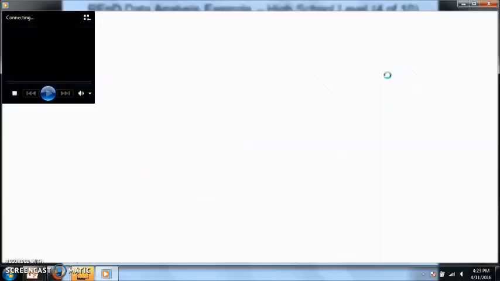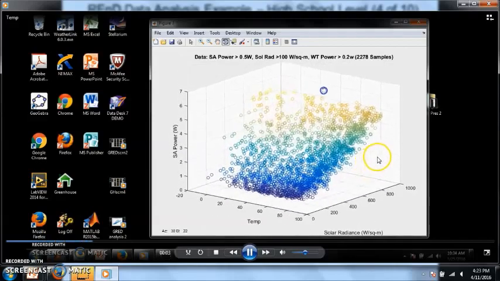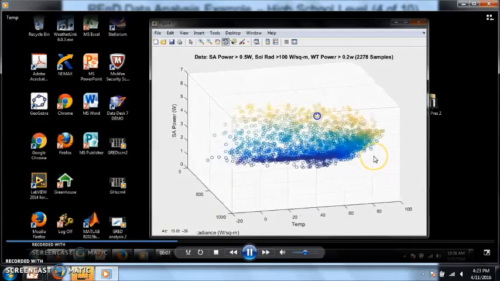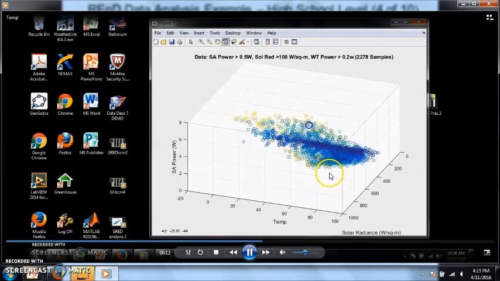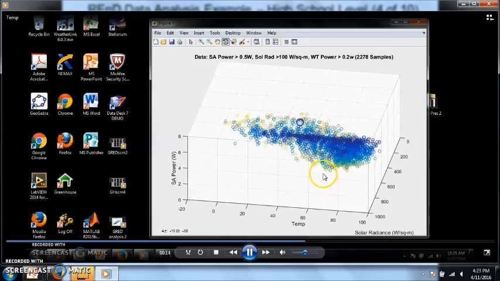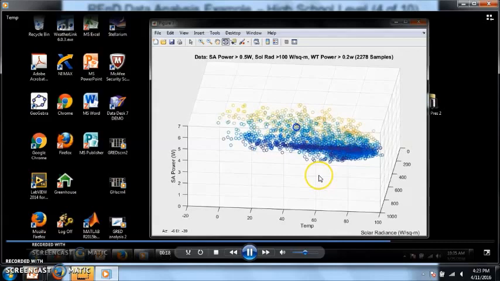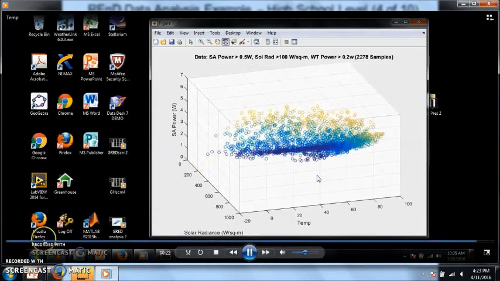As we rotate it around, you'll see that there are some indications of some structure in the data here, but there isn't a real strong sense of a structure that could suggest that temperature is a strong predictor of solar array power, in addition to solar radiance.